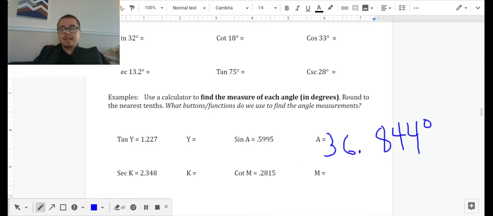Now for secant, let me make sure I get this right. I left my notepad at school because I thought I was going to be there today. So secant is the inverse of cosine.